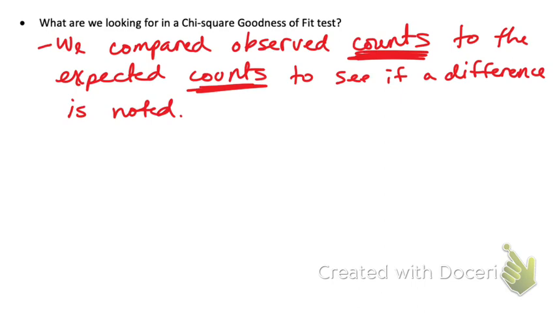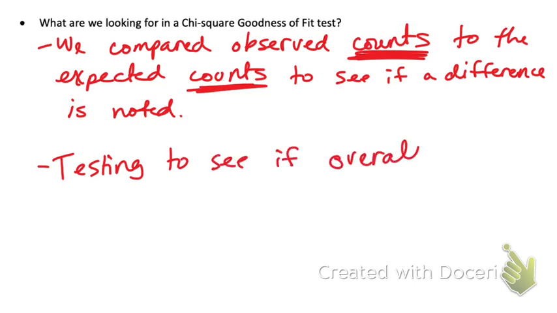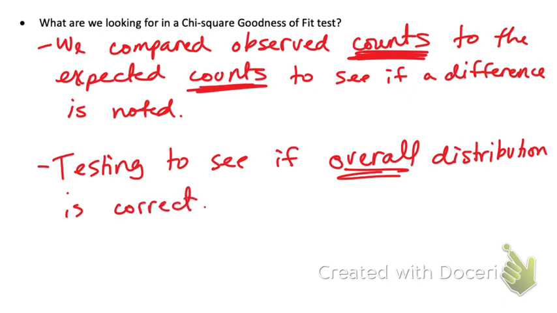Very good. So, one other thing, again, just to make sure. We're testing to see if the overall distribution is correct. Again, we're not going to necessarily nail down exactly which one is wrong.